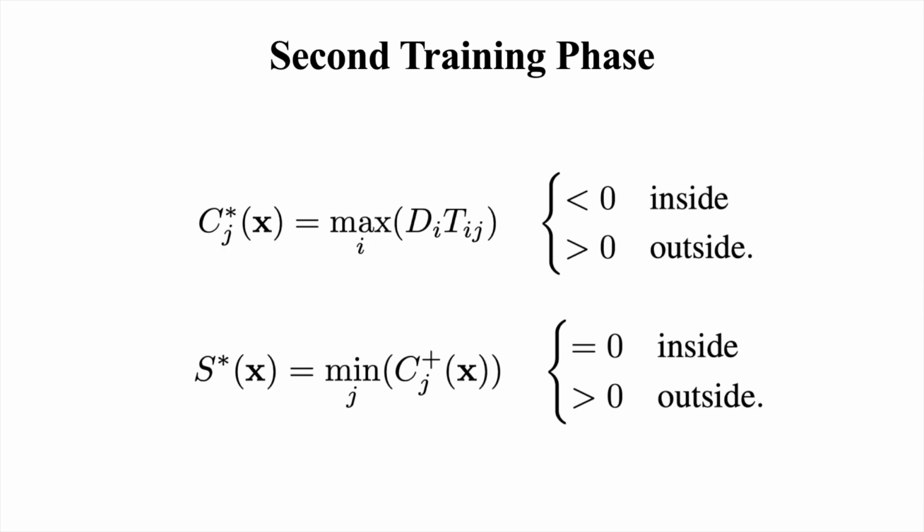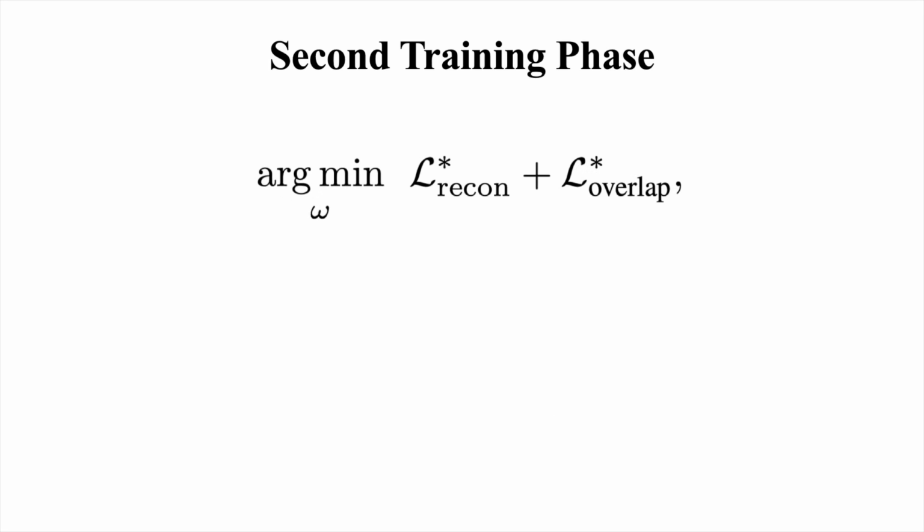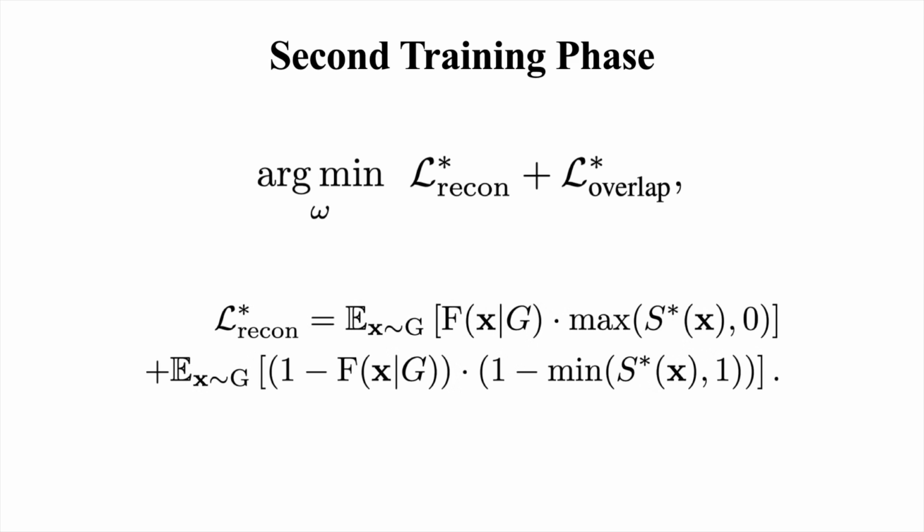In order to use them, the author devises a new loss function which is different from the prior one. As you can see, it is comprised of two parts. The first part can be written in this way. All it does is pull Sx towards 0 if the point x should be inside the mesh. Otherwise, it pushes Sx beyond 1.